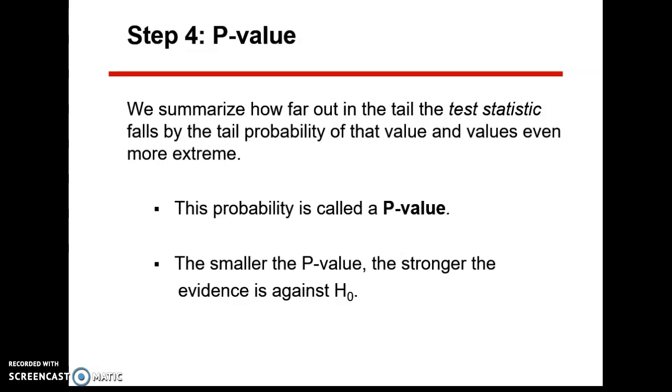So we're looking at the two tails in this, one or the other or both. We say how far away is that basically from the probability of our point estimate. And this probability is called a p-value, capital P. So the smaller it is, the stronger the evidence against the null hypothesis, which means there's more chance that our alternative hypothesis is true.